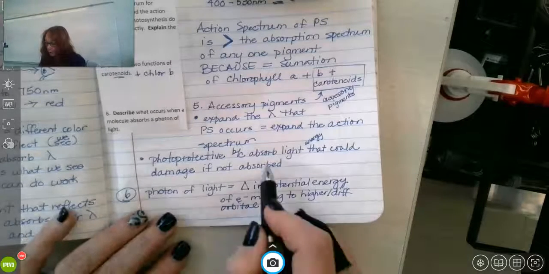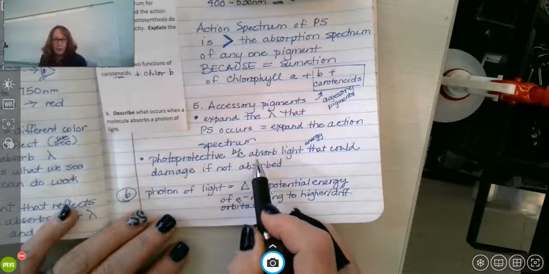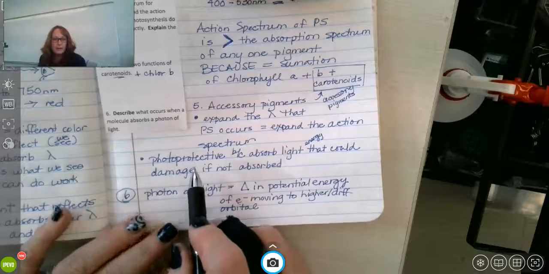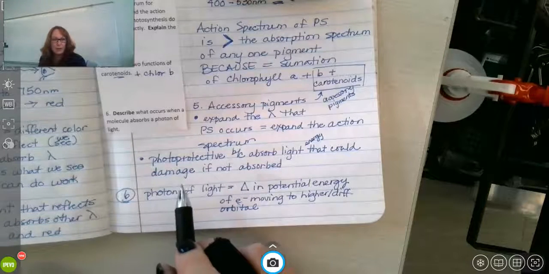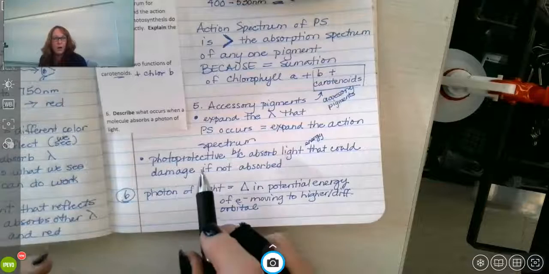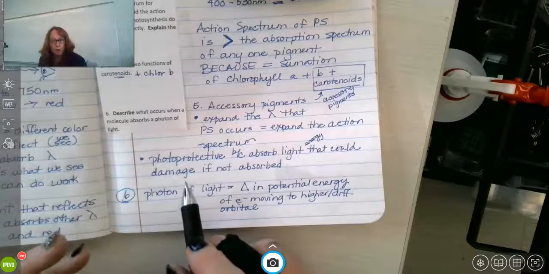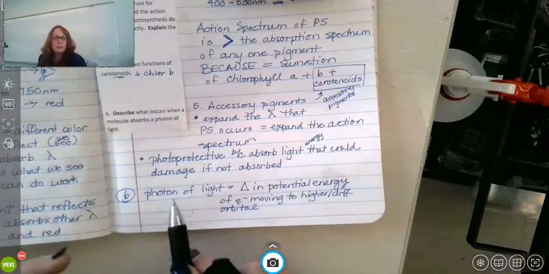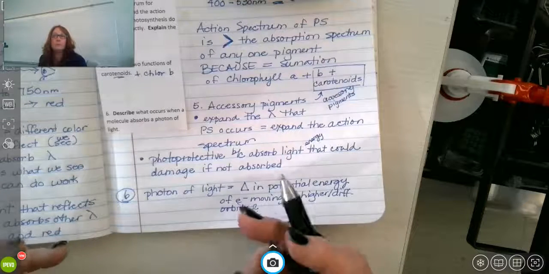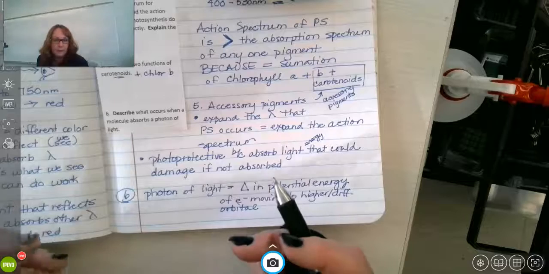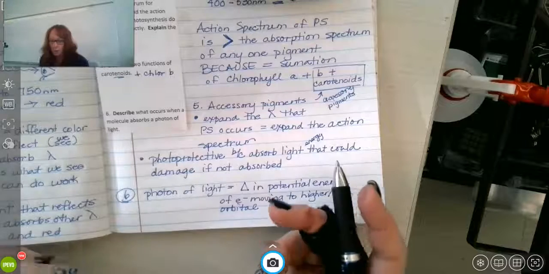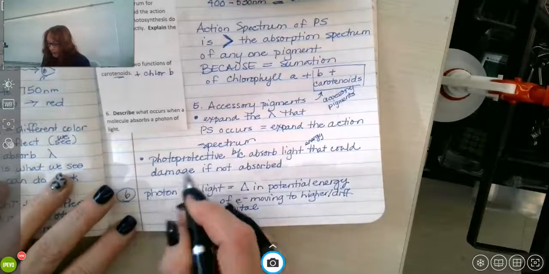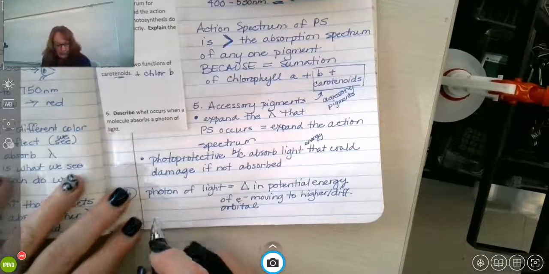So this whole piece here, which is being photoprotective, all you have to think about is wearing a black shirt out on a hot day. Think of all the energy, which is heat, that you're having to deal with because you're not doing anything with it. That energy is not being used to do work.